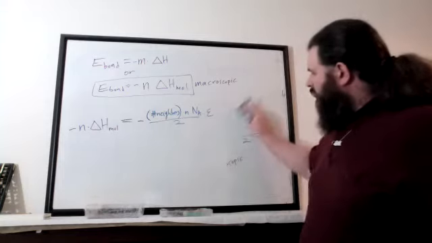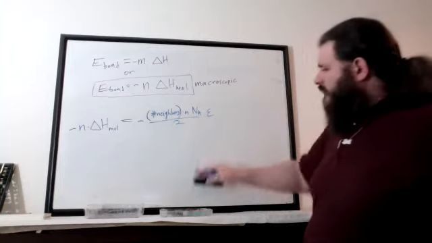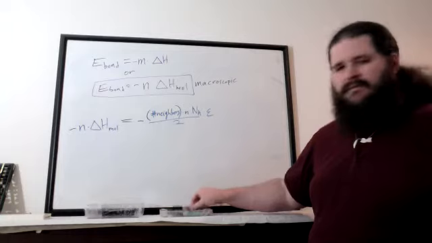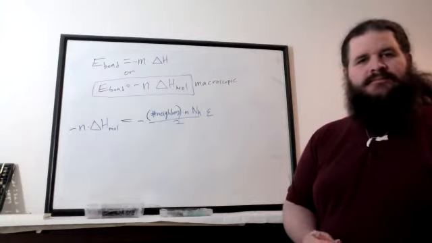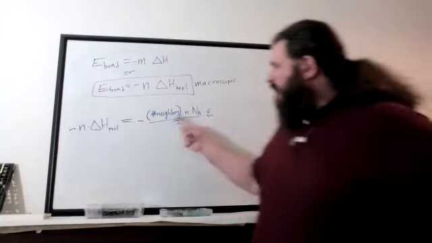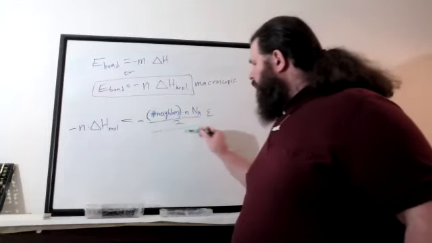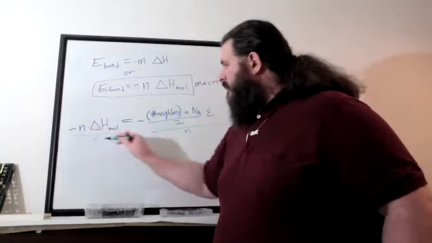So we can set those equal to each other, and we can simplify this further as well. What shows up on both sides of the equation here? The moles. Yeah, number of moles shows up on both sides. So we could divide both sides by n, little n, number of moles.